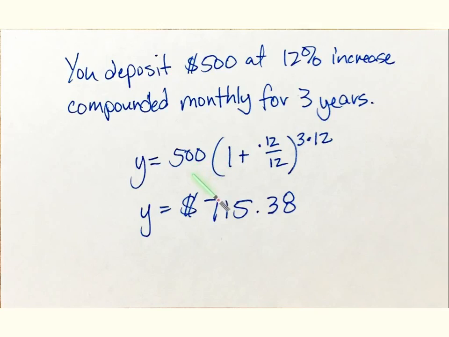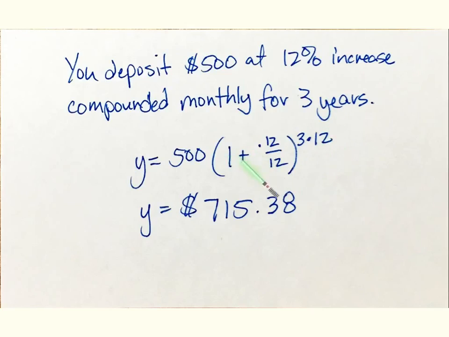So we'll again plug our 500 in for A. It is an increase, so it's 1 plus, and then I take my 12% or 0.12 and I divide it by 12 inside the parentheses, and then I multiply the number of years times 12 on the outside. We multiply because now it's 36 times this is actually going to get compounded over that 3-year period.